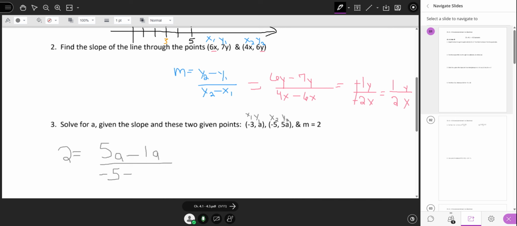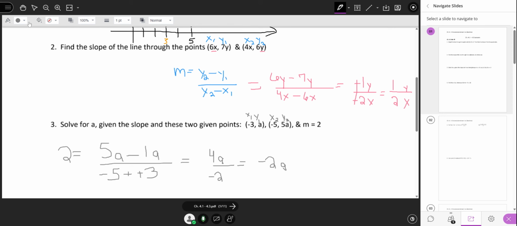Put a minus sign. The x1, which is -3, minus a negative, cancel each other. 5 minus 1 is 4. Keep the a. 3 minus 5 is -2. And this cleans up into -2a.